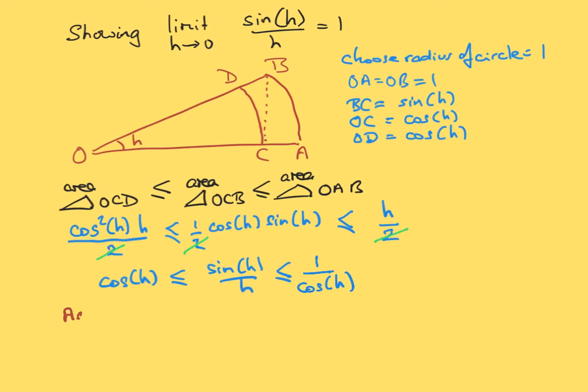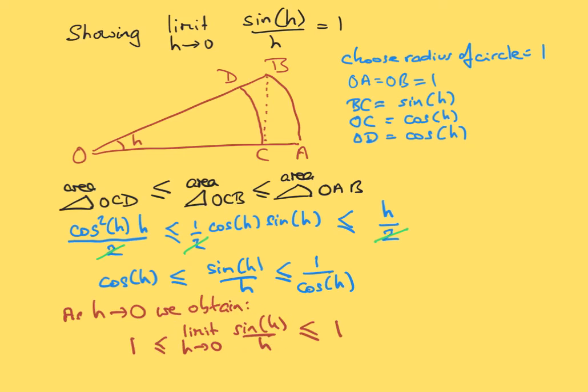So as h tends to 0, we obtain, well, the cosine of 0 is 1, and that's going to be less than or equal to the limit as h approaches 0 of sine of h over h, and that's going to be less than or equal to 1 divided by the cosine of 0, which is 1, so 1 over 1, and that's 1.